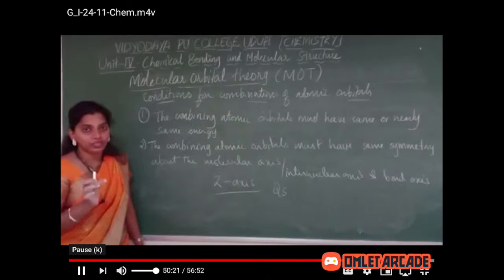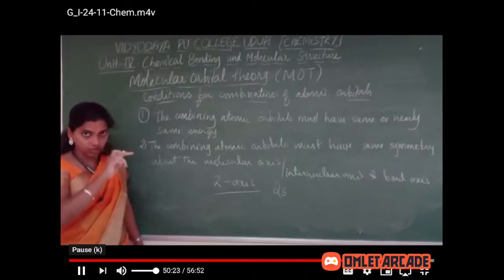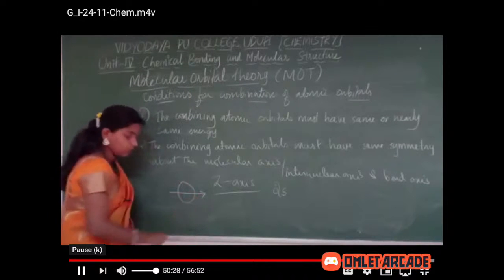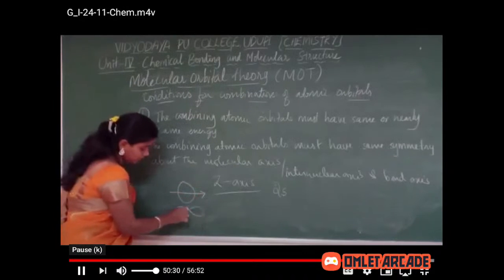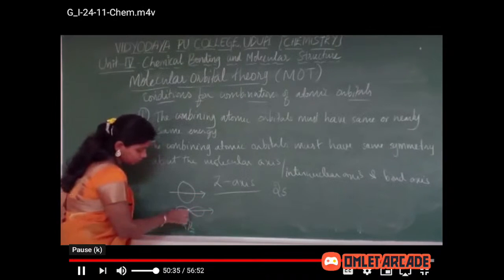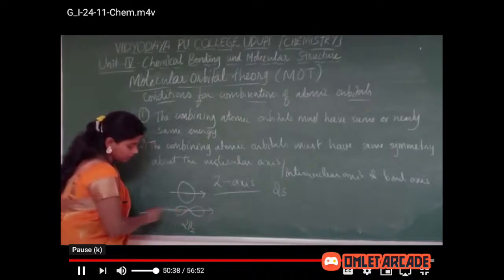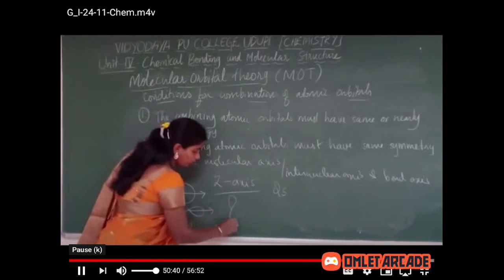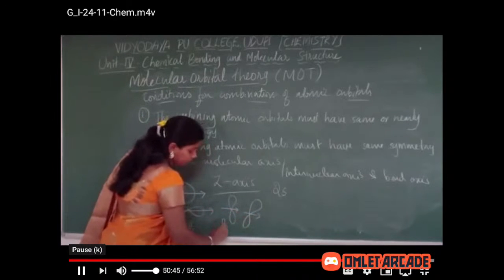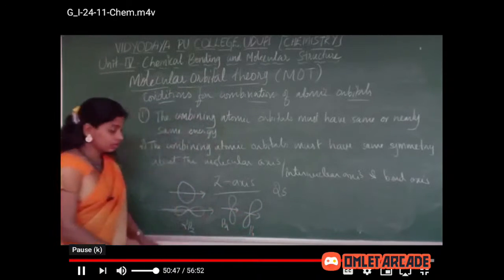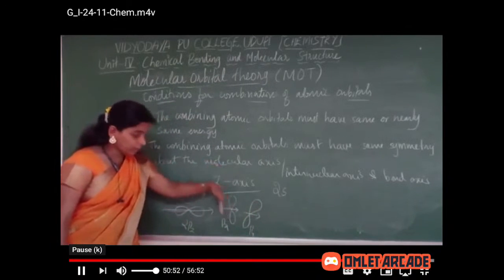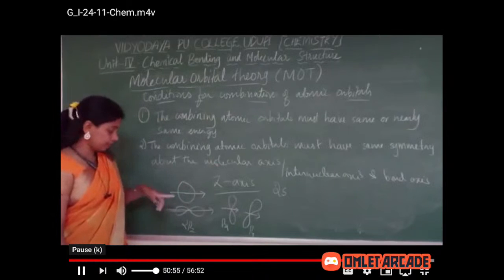Consider 2s and 2p. 2s is along the internuclear axis, so this is the nucleus. 2pz, if you take, is also along the internuclear axis, whereas px and py are perpendicular to the internuclear axis.